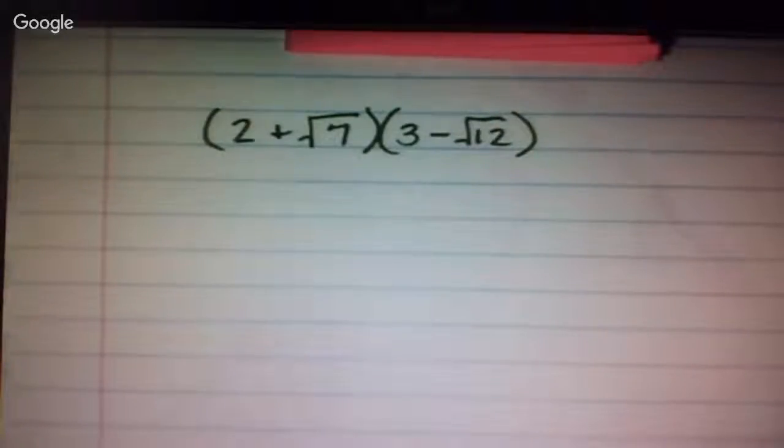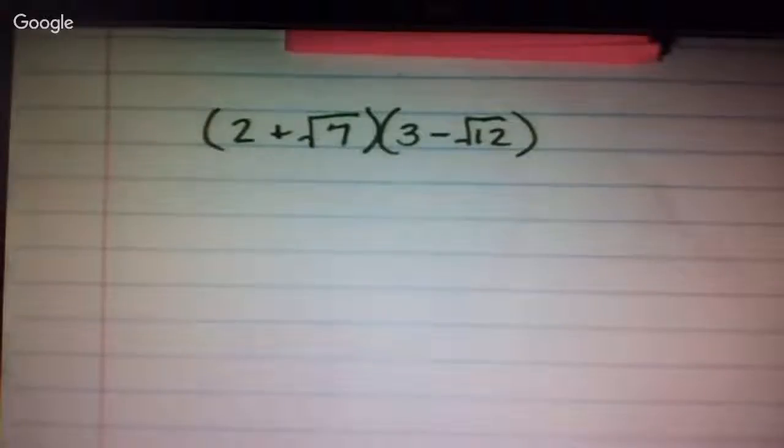Let's back up to what you already know before we do what you don't know. If I gave you 2x plus 4 times 3x minus 2, you distribute both. 2x times 3x. 2x times negative 2. 4 times 3x. 4 times negative 2.